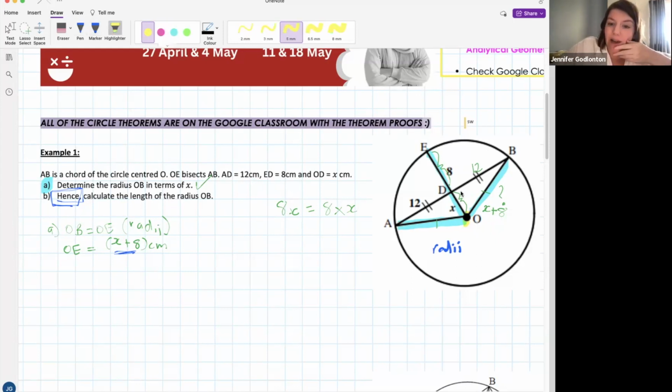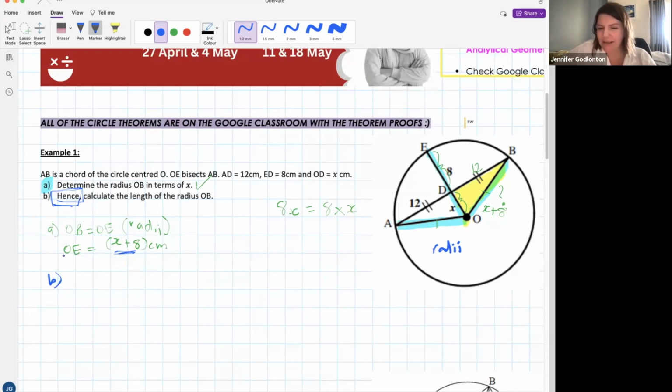So let's look at this little triangle. What can you tell me about this triangle that might help us in this mission that we are currently on? And you don't have to give me reasons and stuff yet. I'm happy to help you with your reasons. I know that this is the first lesson on circle geometry that you guys are doing. So the reasons might be a bit blurry still, but what can you tell me about that yellow triangle that I've highlighted?